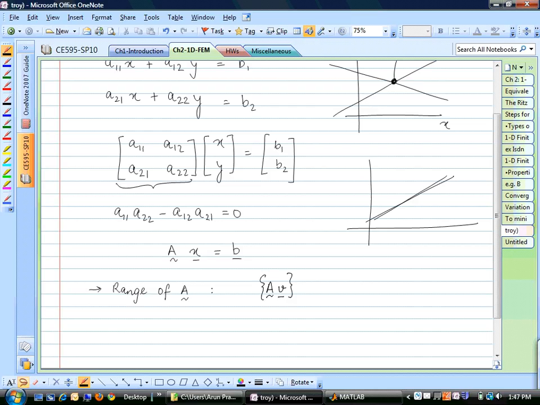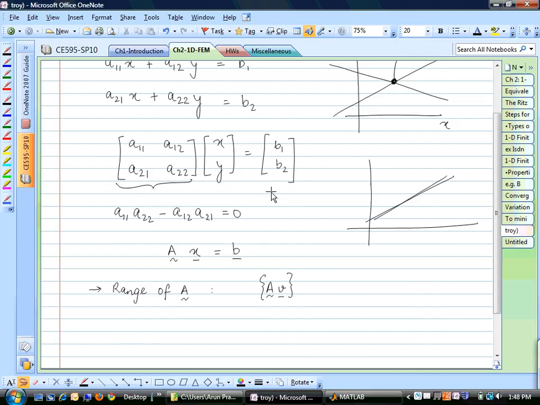And clearly, in this case, if the matrix is singular, you take any vector and multiply it with the matrix, and your vector will be pointing in this direction. Now what that means is that if your right hand side vector B is also pointing in the same direction, then there will be infinitely many solutions.